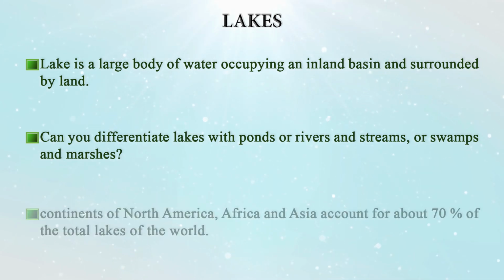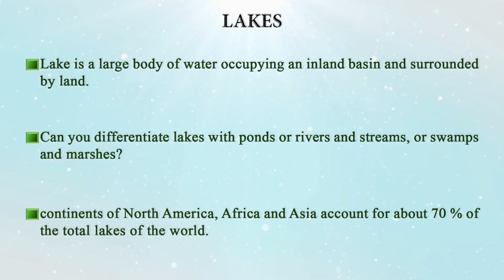You should see in the previous figure that most of the bigger lakes in the world are situated in North America, Africa and Asia. So about 70% of the world's lakes are situated in these three continents.